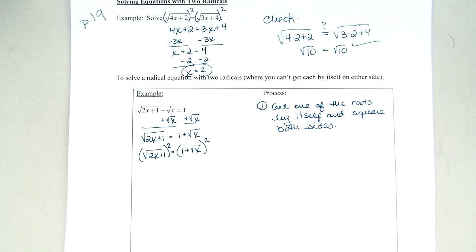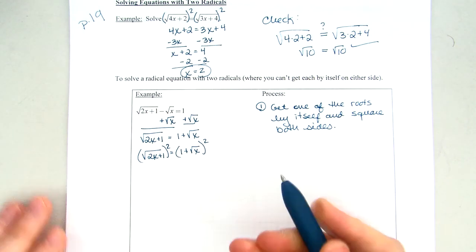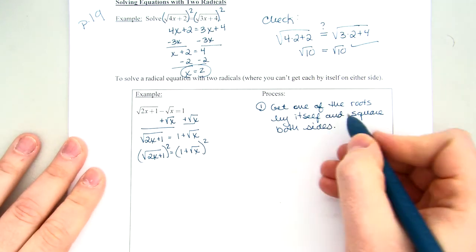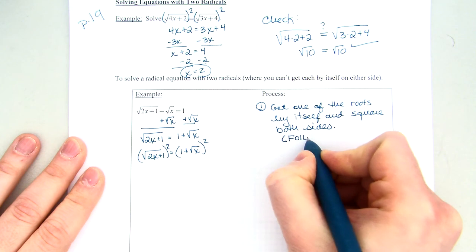Now, does anyone see something a little unpleasant that's going to happen? Jordan? Yeah, foiling with a root and all that kind of stuff there. I want to just add to my directions for number 1. Get one of the roots by itself and square both sides. I'm going to say in parentheses, foiling when necessary.